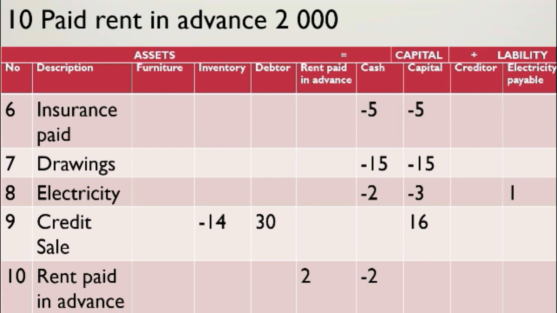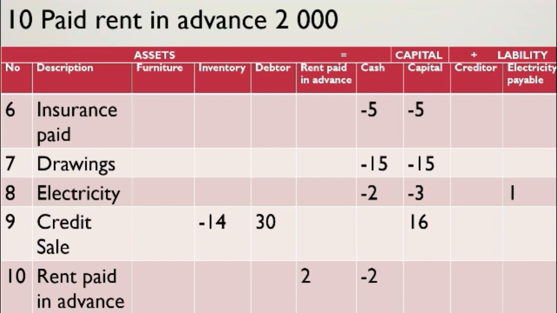The last transaction is rent paid in advance 2,000. Here we are paying the rent expense for the next month, not for the current month. So when we are paying, what is happening? Cash is going out of the business. So we can go to the cash column and minus 2,000. Normally when there is an expense, we deduct it from the capital column. Here we are not deducting because this is not rent expense.